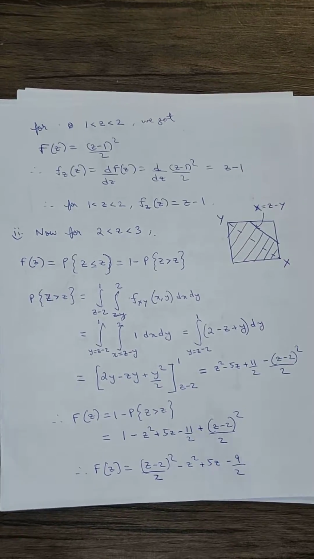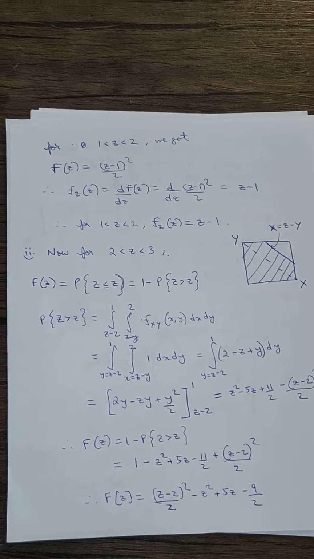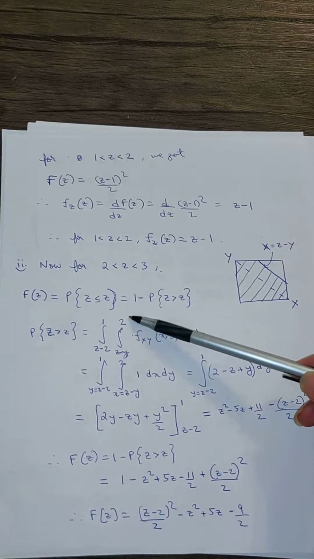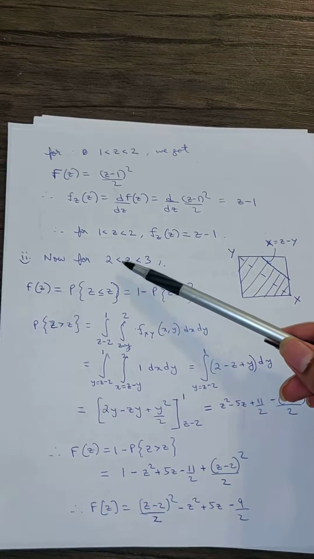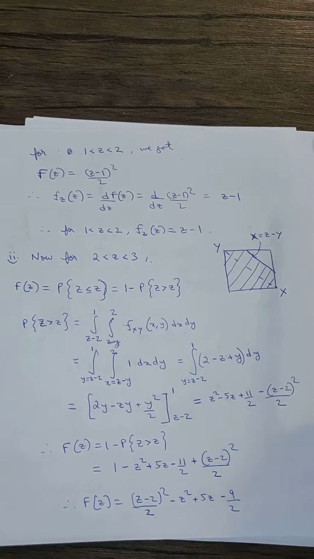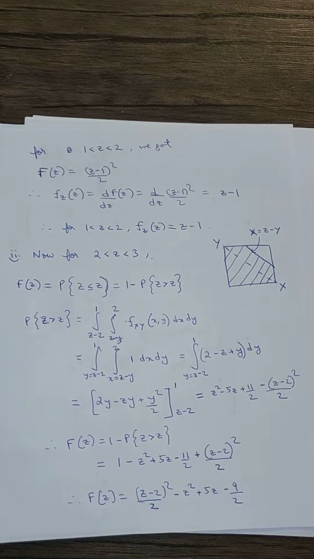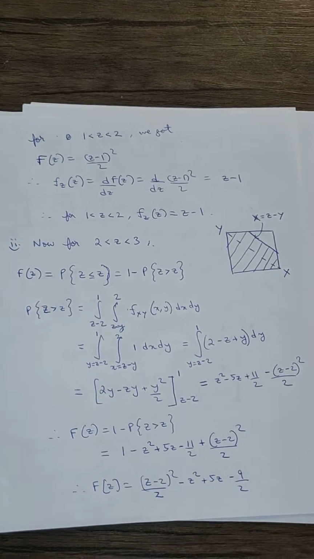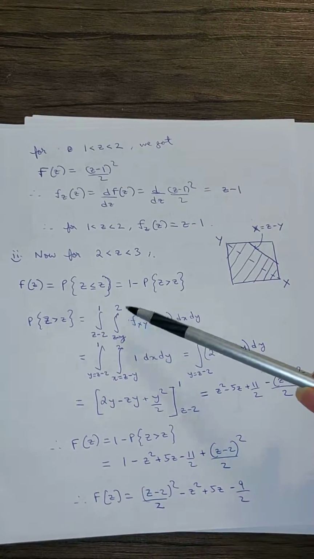X was initially 1 to Z minus Y, but here, since X is uniform in 1 to 2, the lower limit will be Z minus Y and the upper limit will be 2. Similarly for Y, Z is greater than 2 and less than 3, so we subtract 2 from both sides. We get Z minus 2 is greater than 0 and less than 1, which is similar to the limits of Y. Initially we took the lower half, now we take the upper half, so we get Z minus 2 to 1 and Z minus Y to 2.